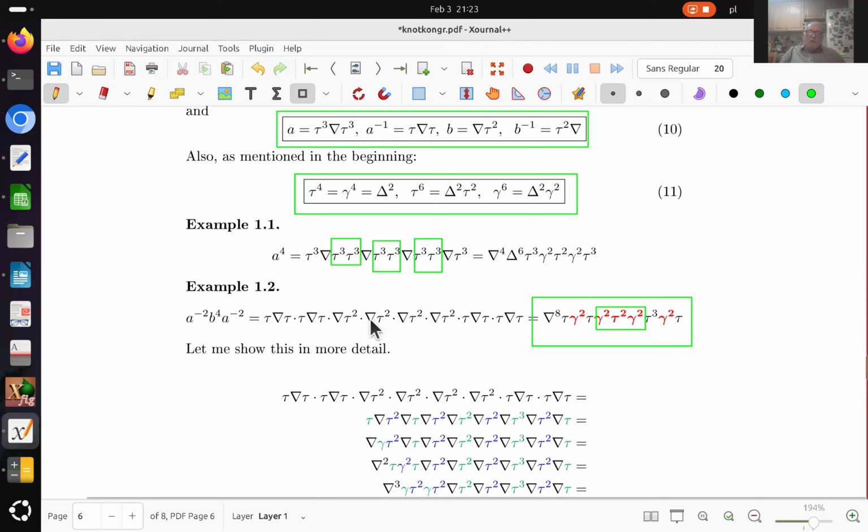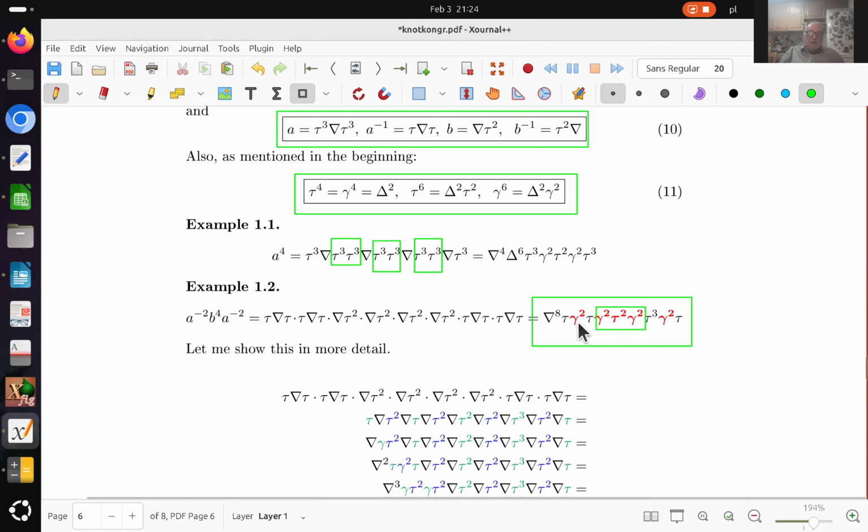And this is what always happens when you take any product in which alpha and beta appear with even exponents. When you simplify it in this way, you will have an alternating sequence of tau letters and gamma letters.